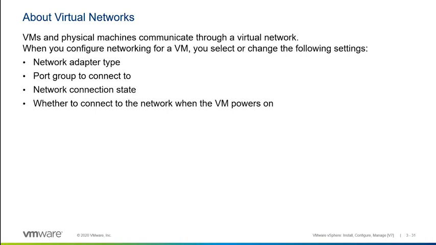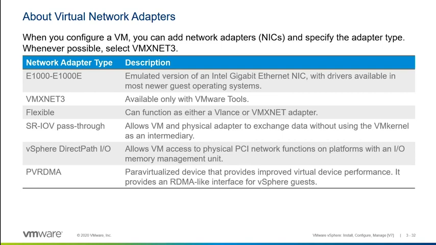We want to know whether or not that virtual NIC is actually connected, okay, and whether or not to connect that virtual NIC when the VM powers on. Usually the answer is yes.